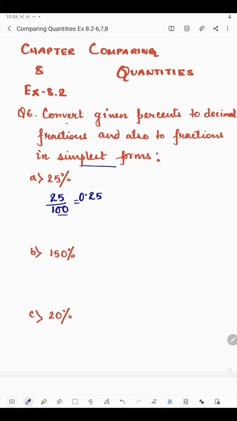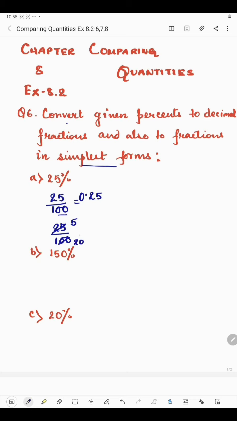Now we will have to convert this into simplest form. To convert this fraction into simplest form, we'll keep on dividing the numerator and denominator till we get the lowest term. Here the last digit is 5 and here the last digit is 0, so it will be divisible by 5. 5 5s are 25, 5 20s are 100.